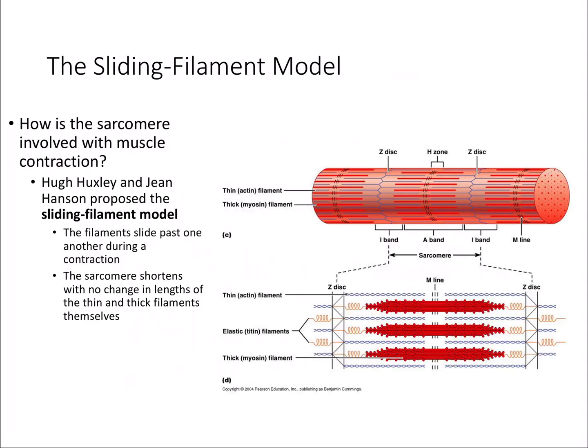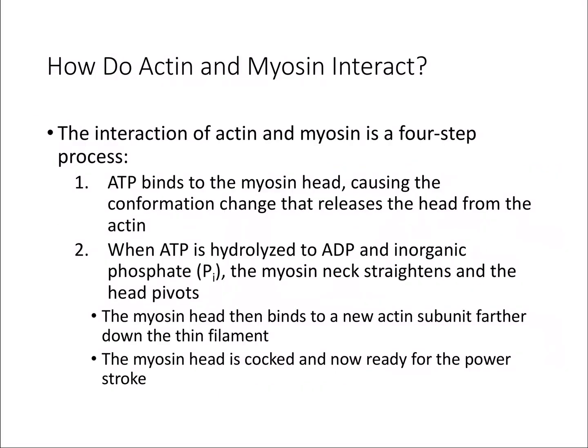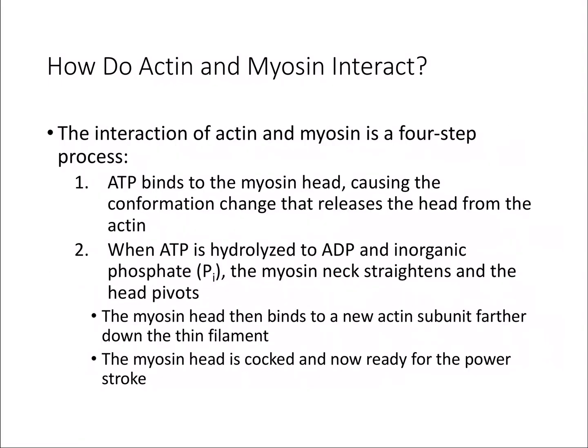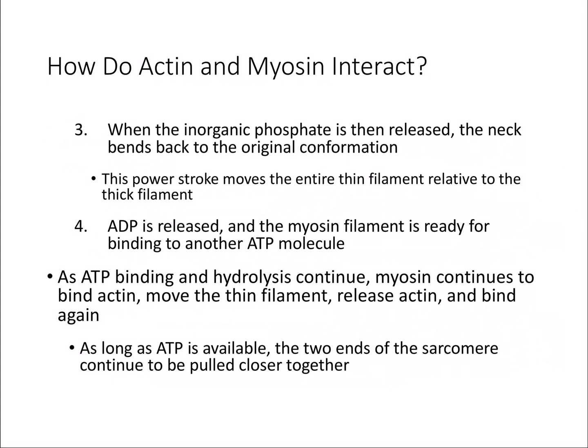So it's like it's going to click on, click off, hydrolyze, click on, pulling this thing towards the center. The myosin head is now cocked and ready for the power stroke. When the inorganic phosphate is released, the neck bends back to the original conformation, and that stroke is going to move the entire thin filament relative to the thick filament.